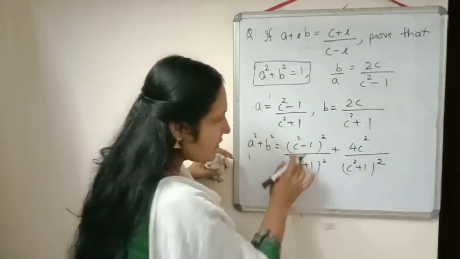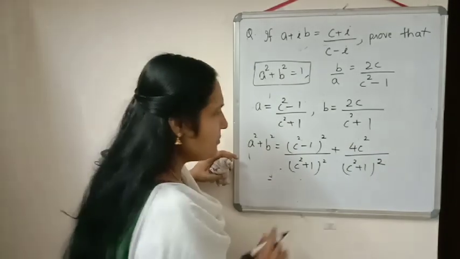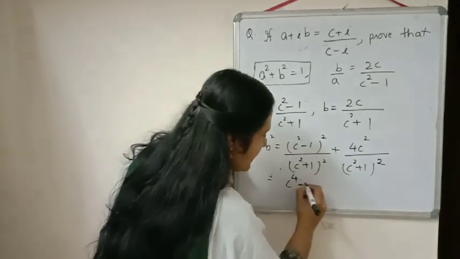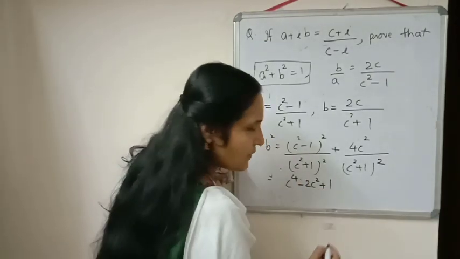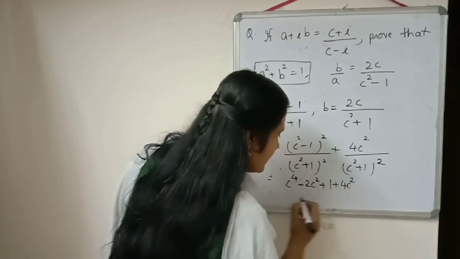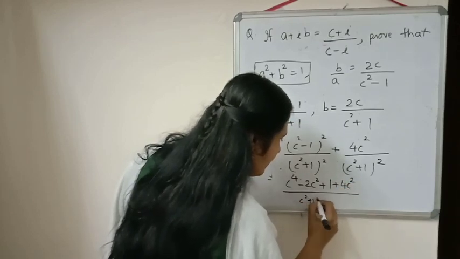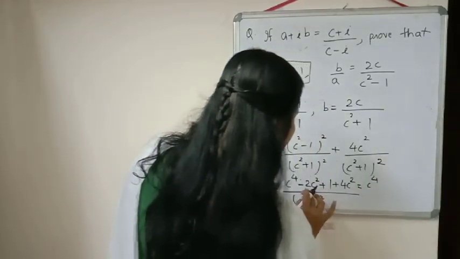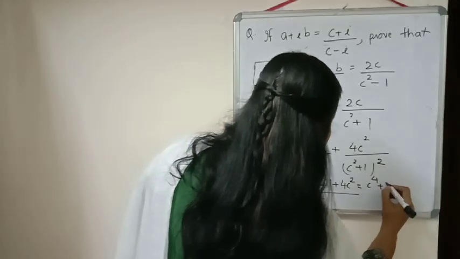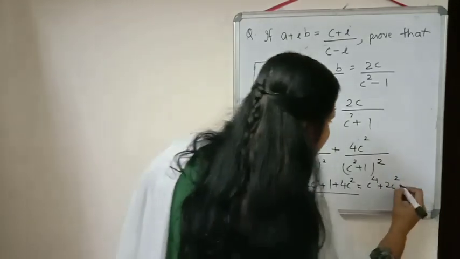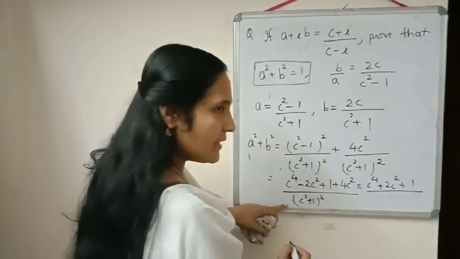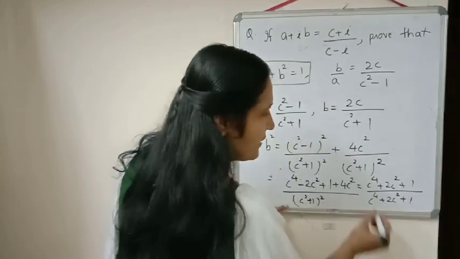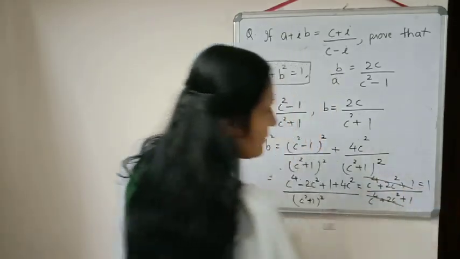Denominators are the same, so directly we can do the addition in the numerator. (c square minus 1) the whole square, so c raised to 4 minus 2c square plus 1, plus 4c square, by (c square plus 1) the whole square. So it will be equal to c raised to 4 minus 2c square plus 4c square, which is 2c square, plus 1, by, if you expand this, c raised to 4 plus 2c square plus 1. So both will get cancelled and the answer will be equal to 1.